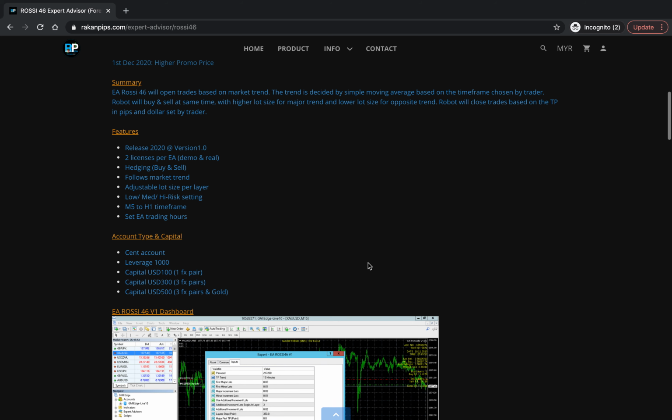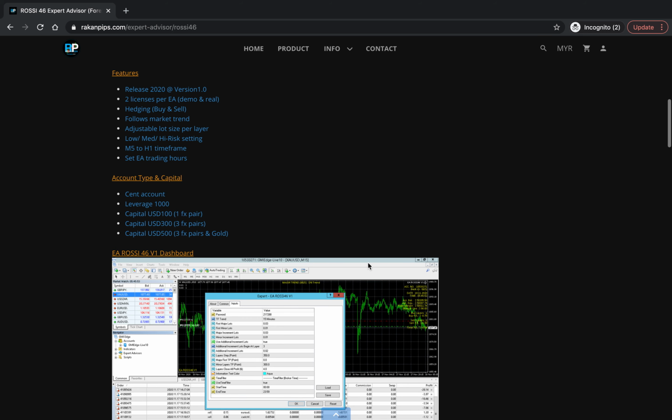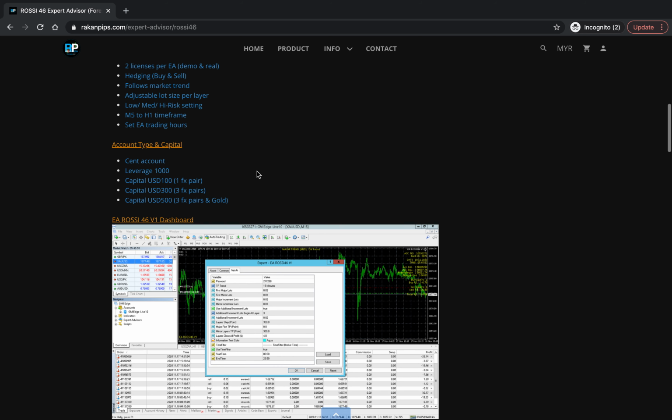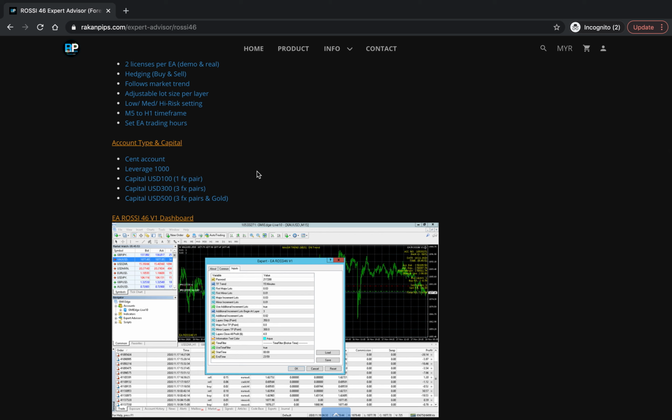How we open the trades is basically, this is a hedging EA. It will buy and sell at the same time, and it has adjustable lot size per layer. That means initially it will open one lot size which is bigger than the opposite trend.